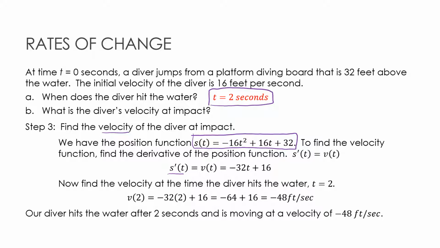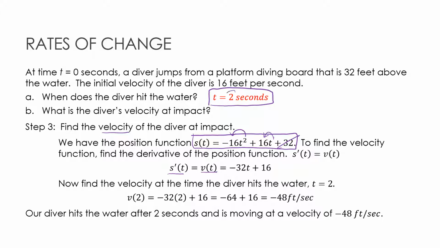So s prime of t is the same as v of t, which is the velocity with respect to time. So using the power rule, 2 times negative 16 is negative 32, t to the first. 16t to the first would be 16t to the 0, which is just 16. The derivative of 32 is 0. So here's my velocity function, negative 32t plus 16.